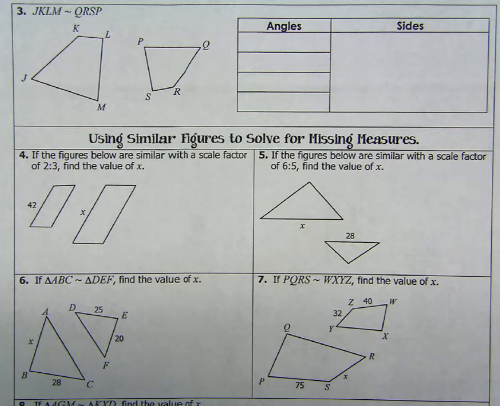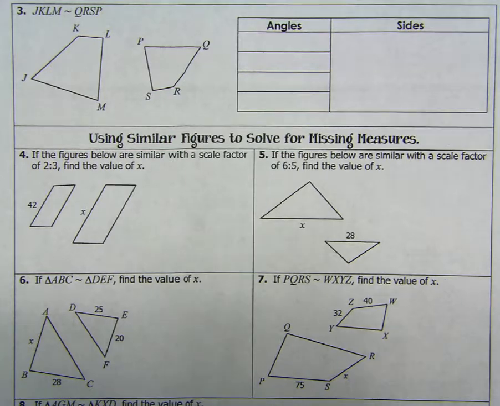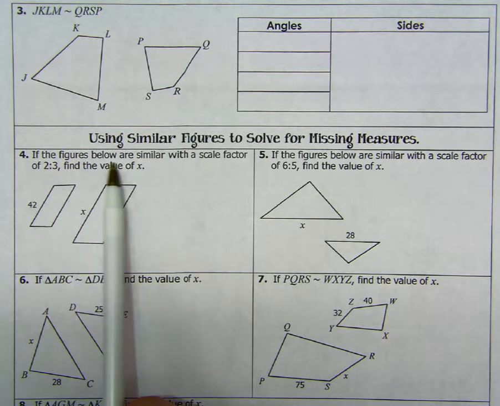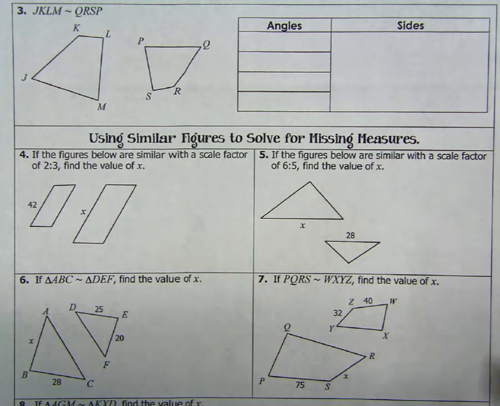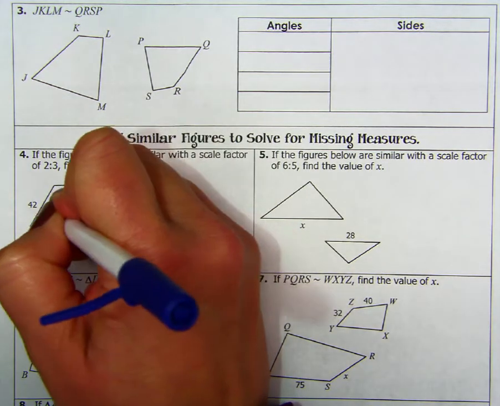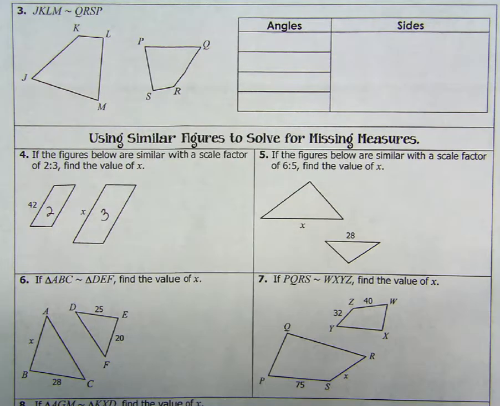Okay, so here's what we're going to look at next. Similar figures. With similar figures, most of the time what they're going to do is have you solve for some missing sides. So if we take a look at number 4, it says, if the figures below are similar with a scale factor of 2 to 3, find the missing value of x. So that means that this one here is the 2 and this one here is the 3.